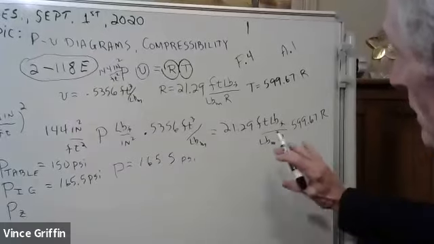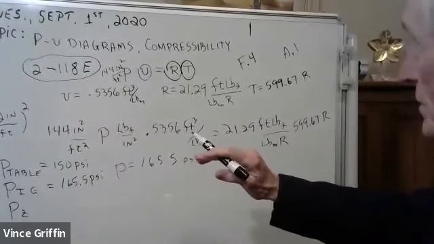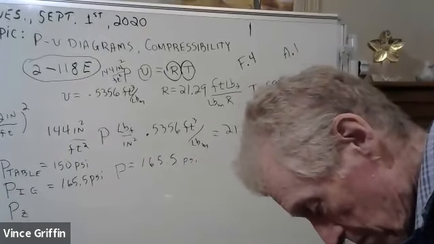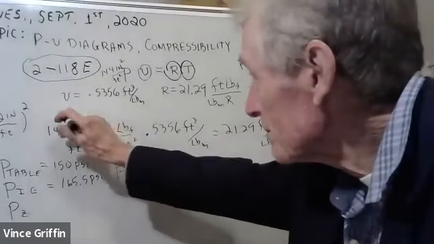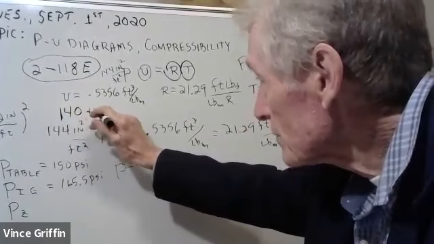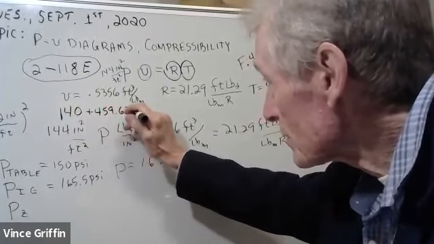Okay, and also, how did you get the temperature 599.67? I'm confused on that. How did I get the 599? Okay, thank you for asking. What I did, Mohammed, was I took the temperature, which is 140, and I added to it 459.67.